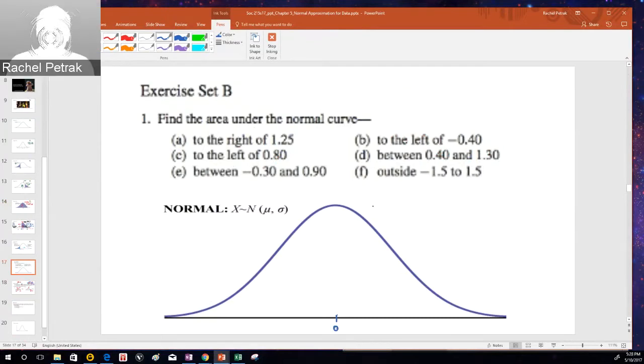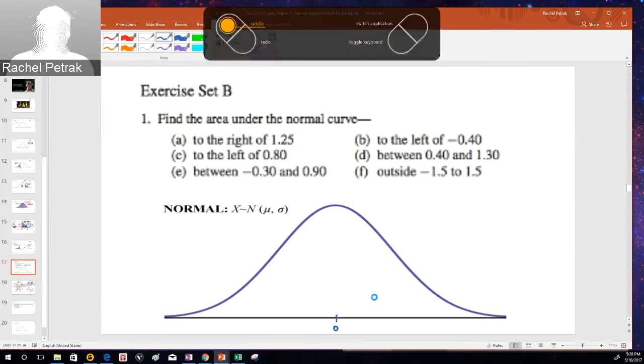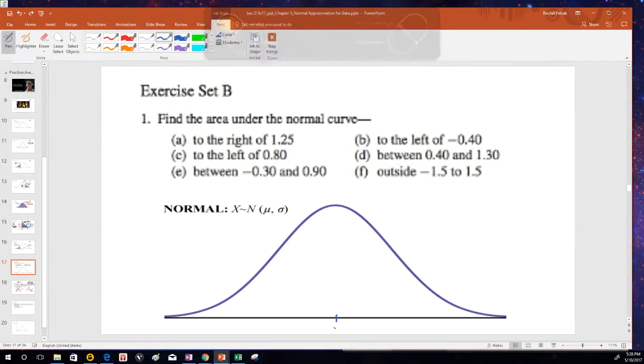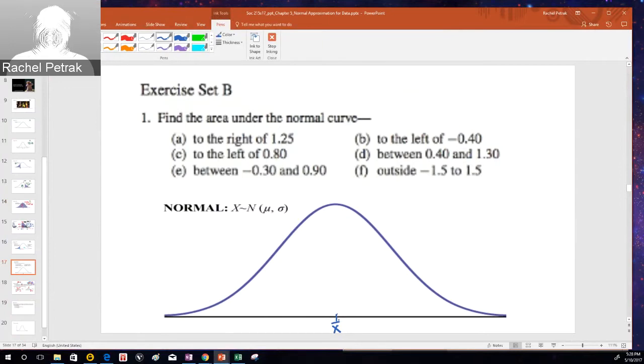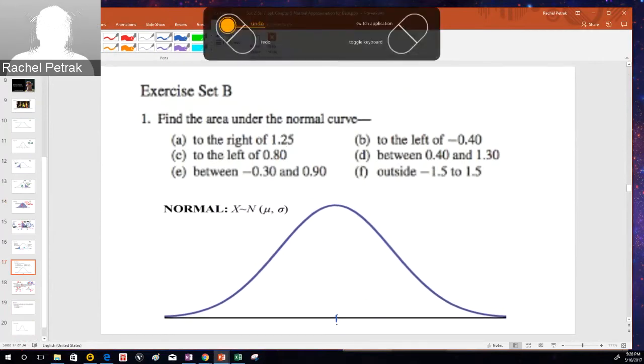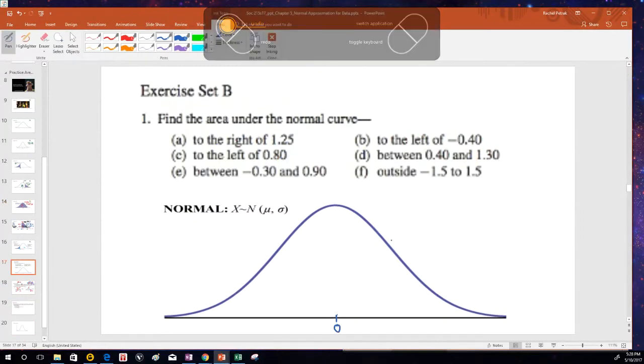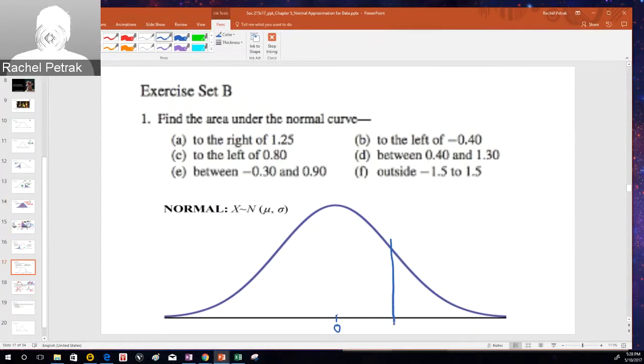And we want to know the area to the right of, well, let's just label it as our mean, but it would be the same. It's the same thing whether I put 0 or X bar there. Now we want the area to the right of 1.25. I'm just guessing here, but I'm going to say 1.25 is approximately here.